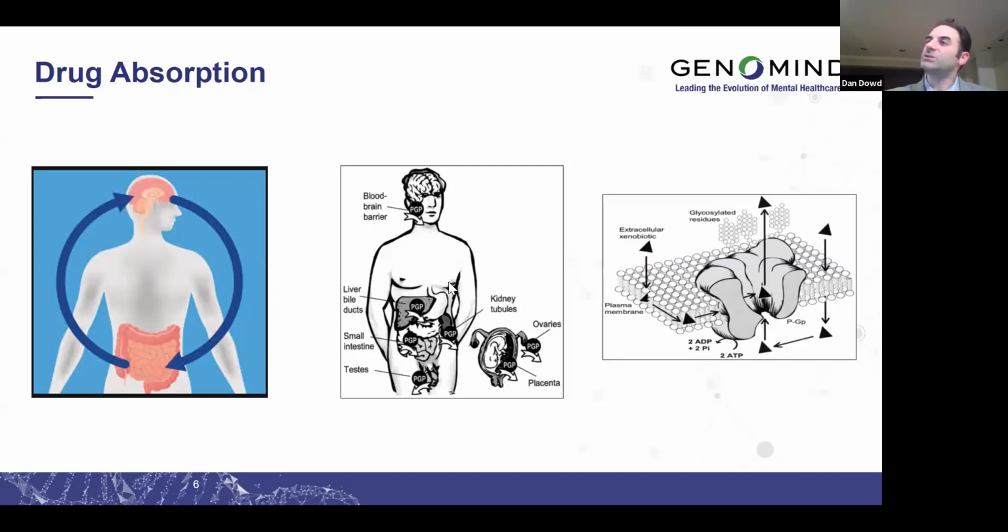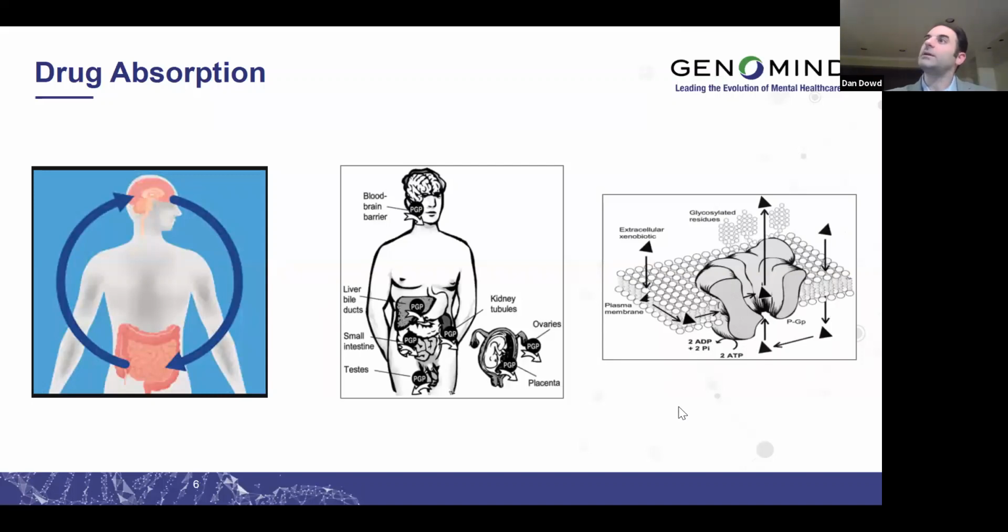And you can imagine if your PGP is deficient, you're getting more drug into the brain. You're getting greater penetration because that PGP isn't spitting it back out of the brain very efficiently. So we look at genes that affect drug absorption. Specifically, we look at a gene called ABCB1 that impacts how efficiently these PGP work.